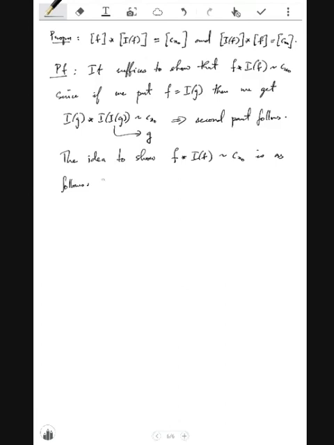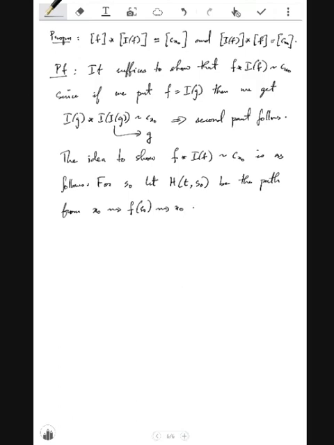For s naught, let H t s naught be the path from x naught. It goes up to f of s naught and then returns to x naught along f.